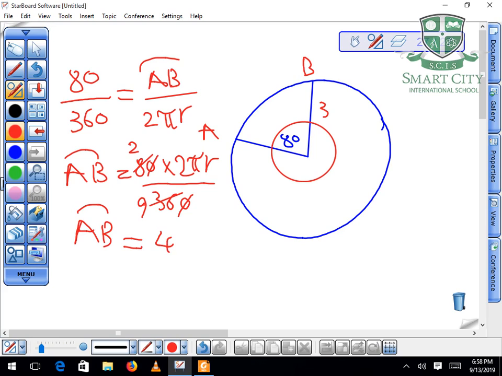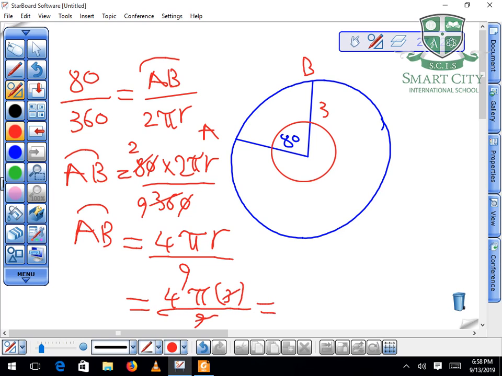So 4 pi r over 9. With radius 3, it is 4 pi times 3 over 9, which is 4 over 3 pi, the length of arc AB.